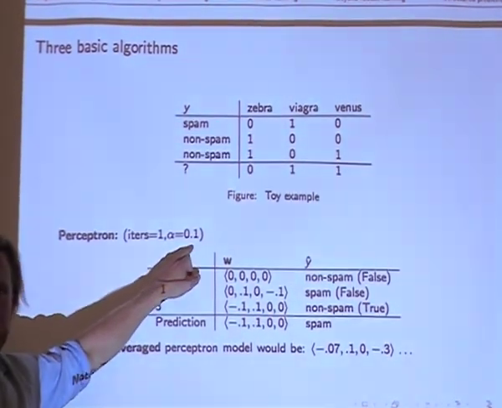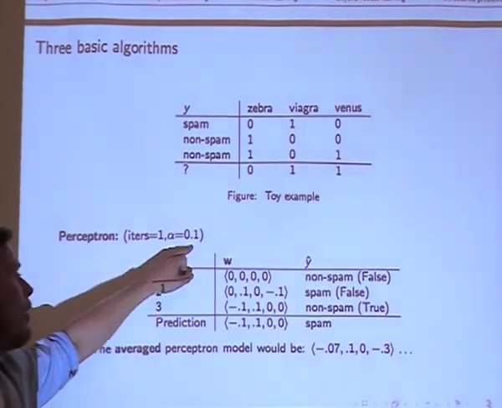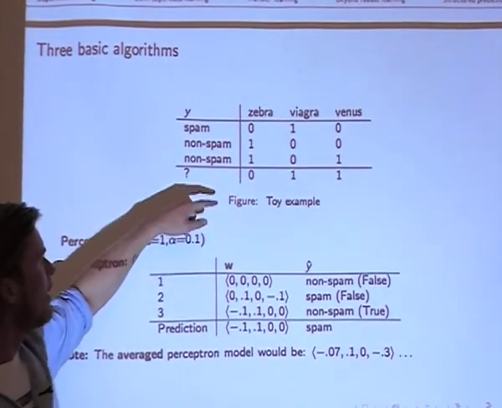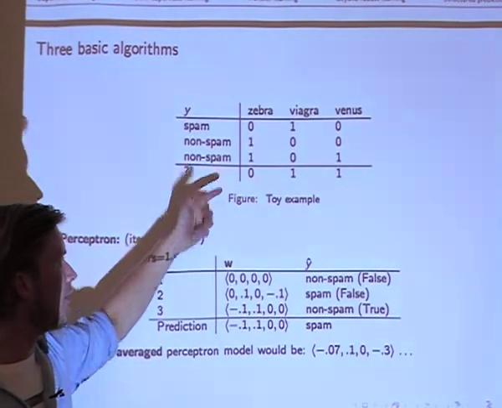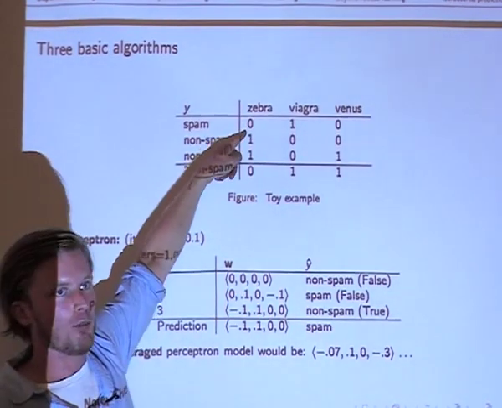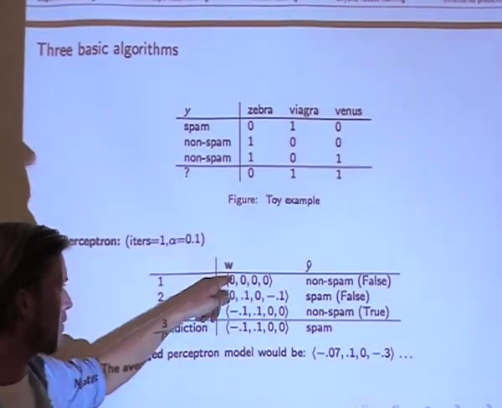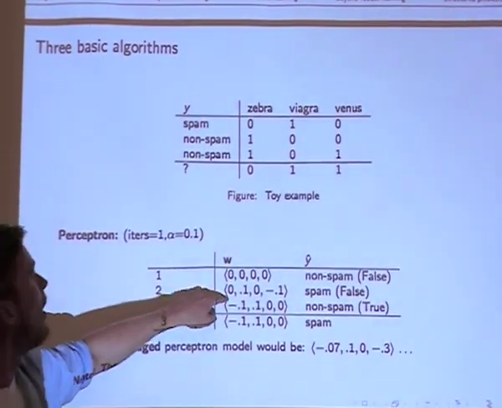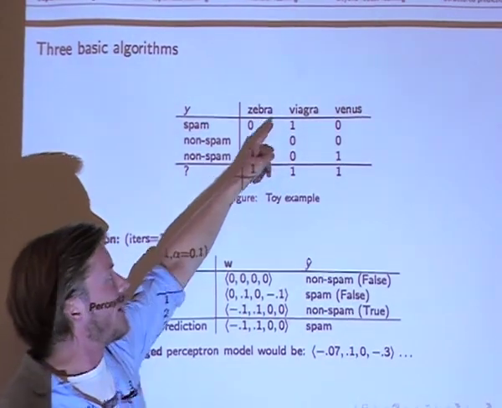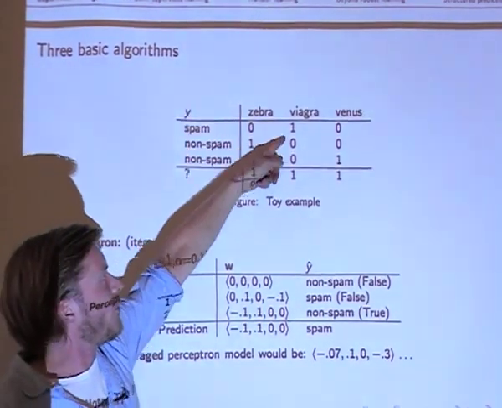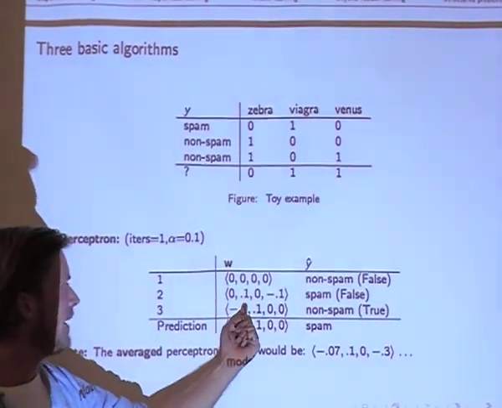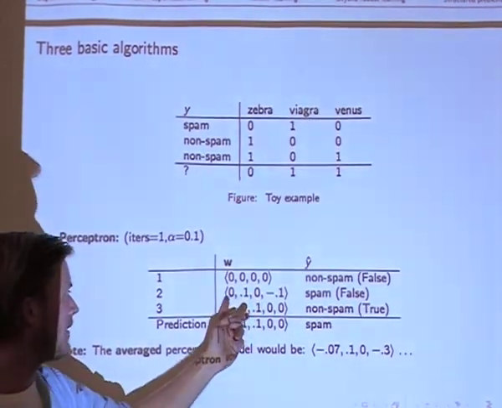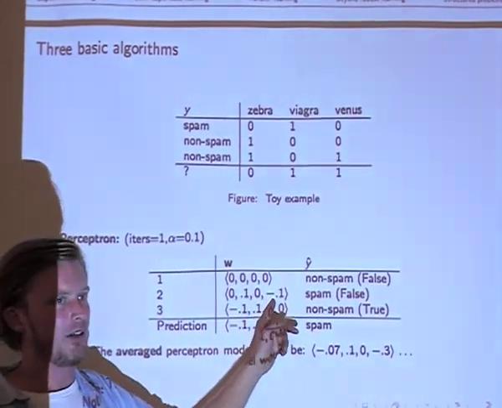That's just the rate that you're updating the weight vector, times the value of the variable, which is going to be 0. So that weight in the weight vector is still going to be 0 down here. However, when we have a variable whose value is 1, you're going to see a change. So this weight vector becomes 0, 0.1, 0, minus 0.1.